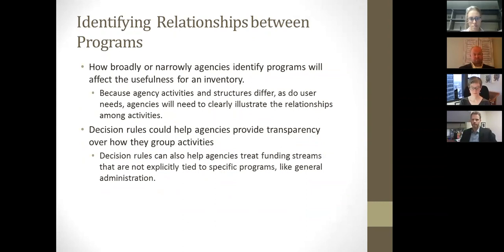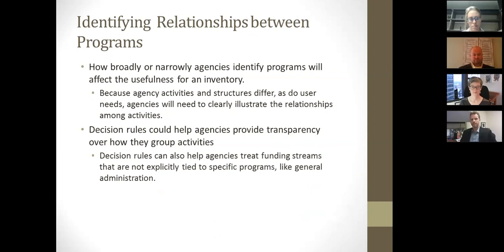So, for example, if an agency groups a lot of activities under a small number of program names, that could limit the transparency over what all is being done within that program. And it also could not hide, but not give the kind of transparency that one would hope for regarding related costs.